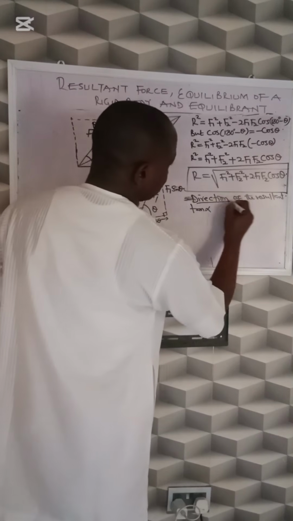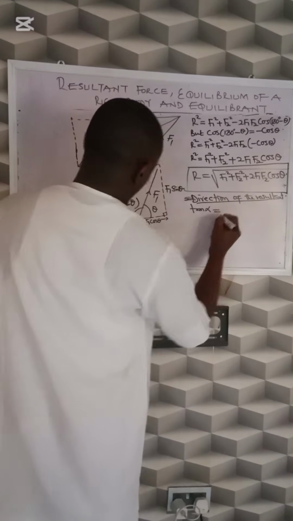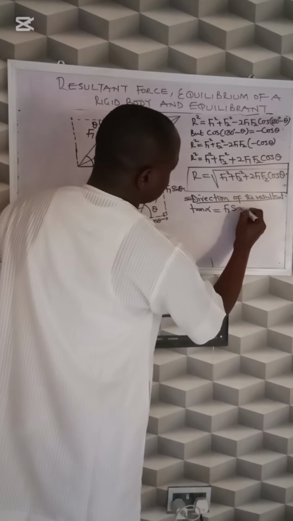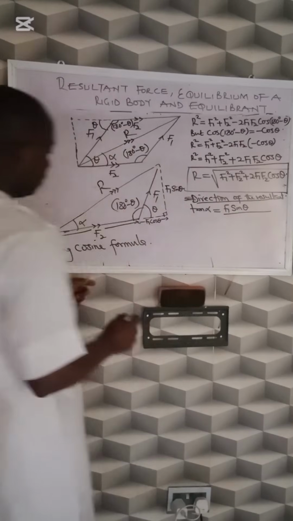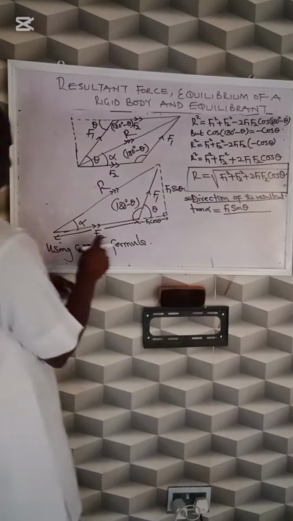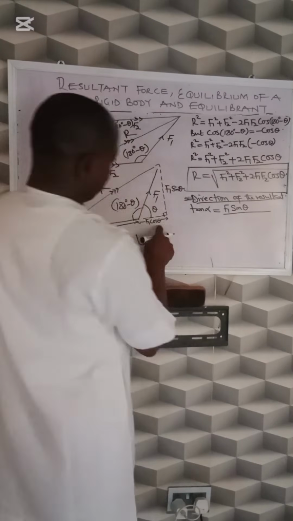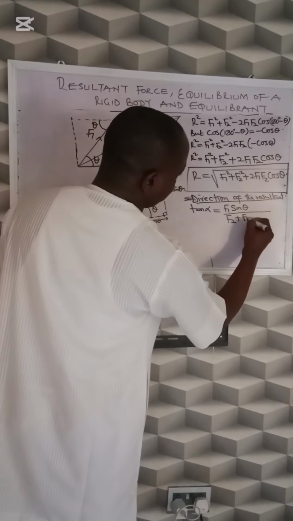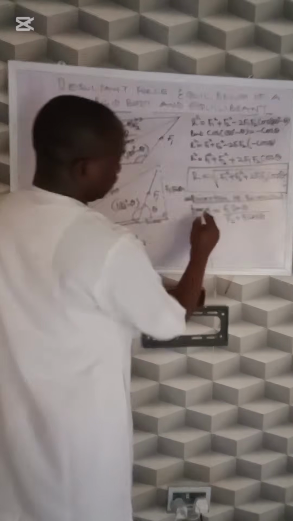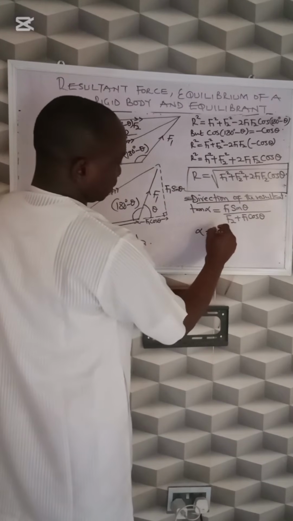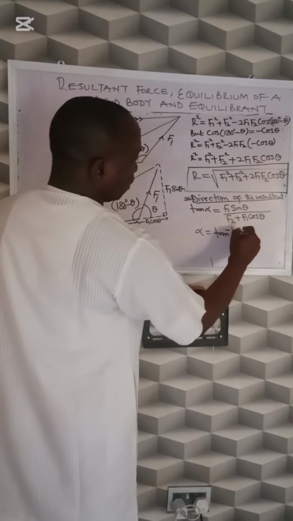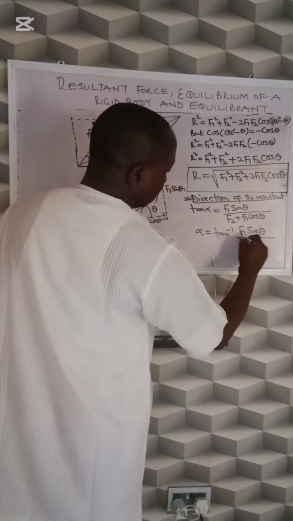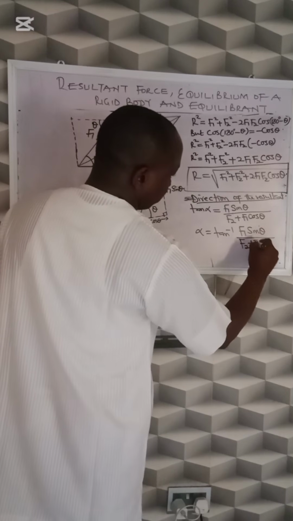What is opposite? F1 sine theta, all over from here to here, that is F2 plus F1 cos theta. So alpha, the direction of the resultant, is tan inverse of F1 sine theta all over F2 plus F1 cos theta. This formula is very important. That's the direction of the resultant.